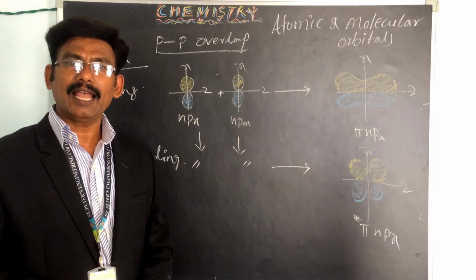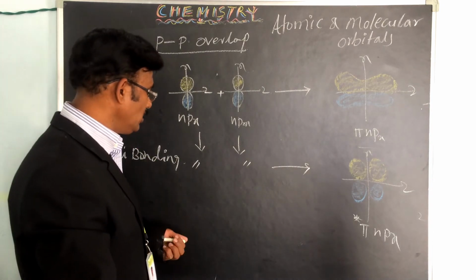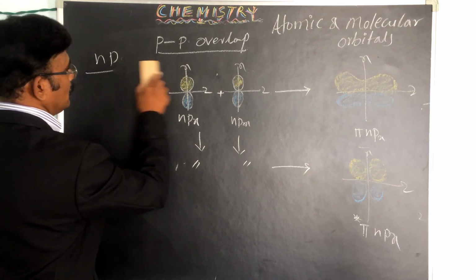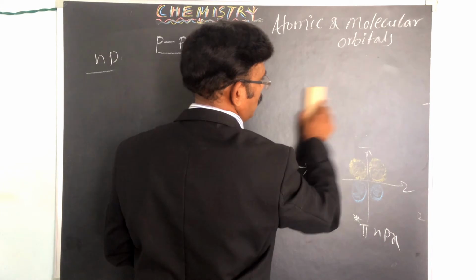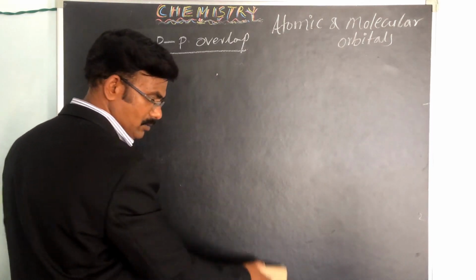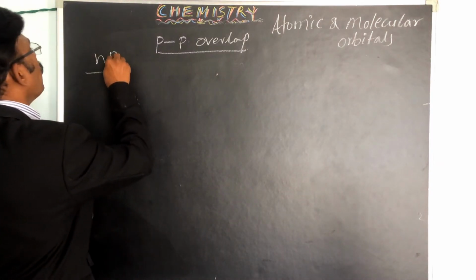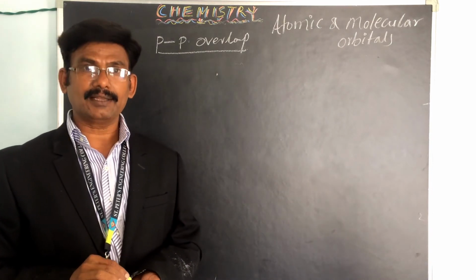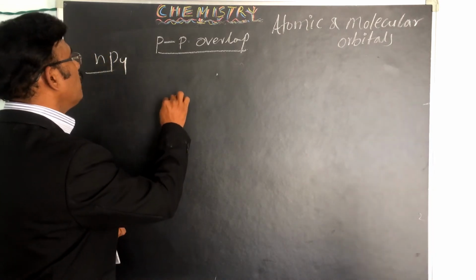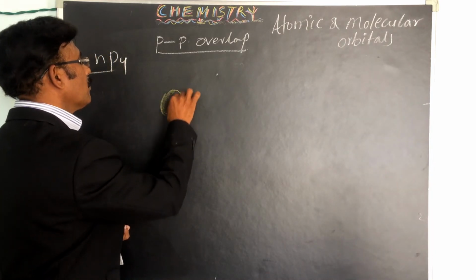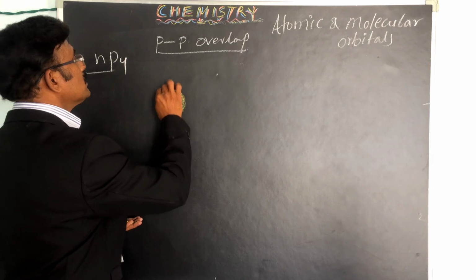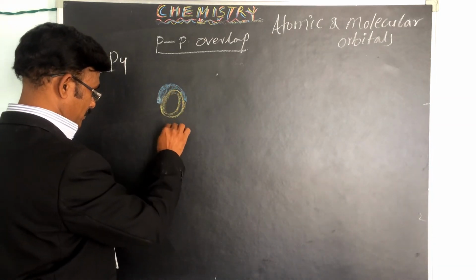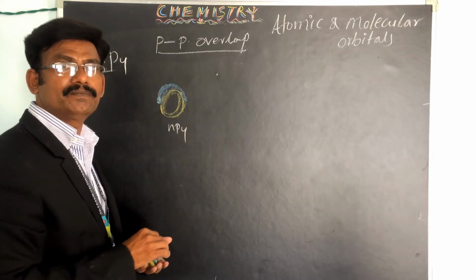Okay, in the case of NPY, please note down this one. I will draw one more. NPY. So what is the structure like this? Here the NPY. This is the same energy level. This is the NPY.